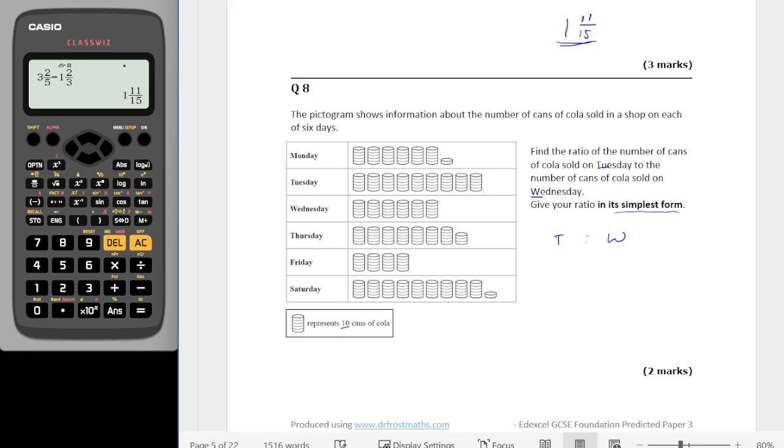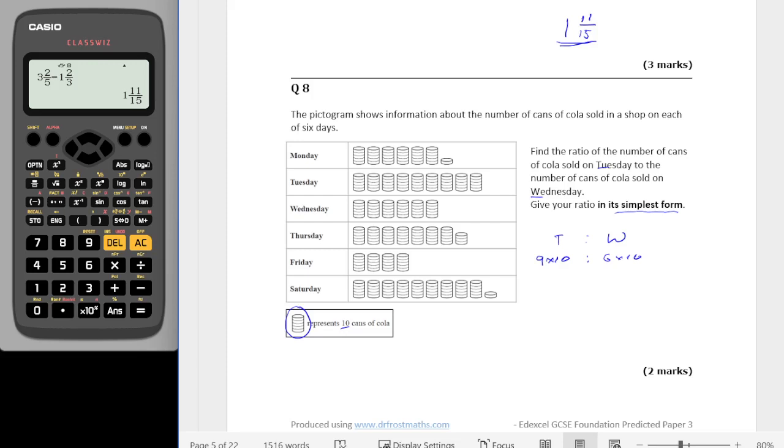Right. Each symbol represents 10 cans of cola. So on Tuesday there were 1, 2, 3, 4, 5, 6, 7, 8, 9. So that in effect is 9 times 10. And on Wednesday we've got 1, 2, 3, 4, 5, 6. So I don't need to do that multiplication because we're after the ratio in its simplest form.